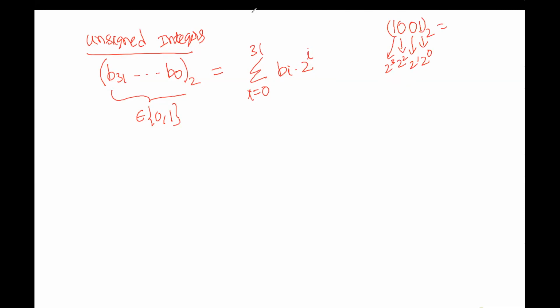So the value that we get is 1 times 2 cube plus 0 times 2 square plus 0 times 2 power 1 plus 1 times 2 power 0. So you have 2 cube plus 0 plus 0 plus 2 power 0, which is equal to 9. So the value associated with this 1001 is 9. Are you with me here on this example?